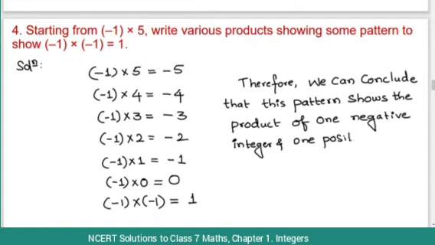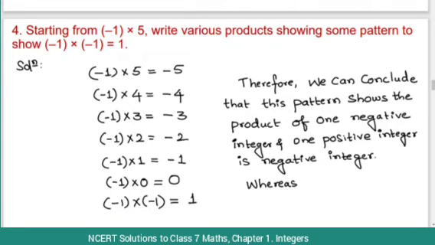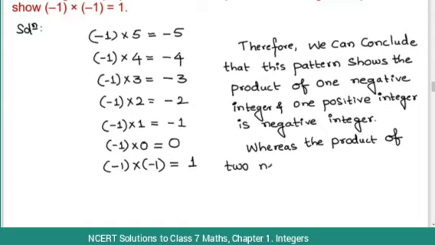Whereas the product of two negative integers is a positive integer.